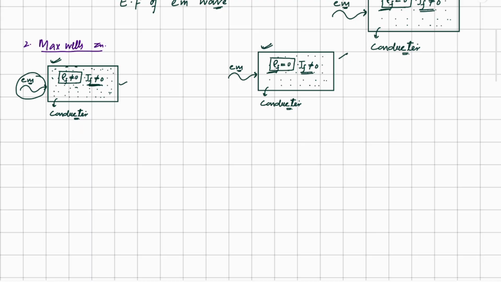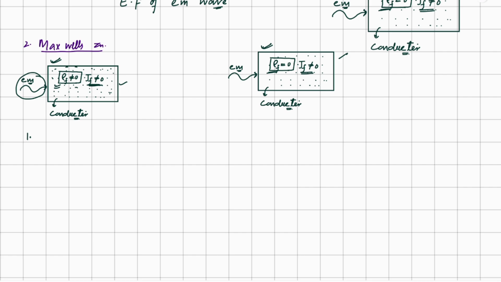Now see, initially, because this is the conductor, both rho f is not equal to 0 and Jf is not equal to 0, and that is an important property of the conductor. And when we send the electromagnetic wave into it, it takes time.